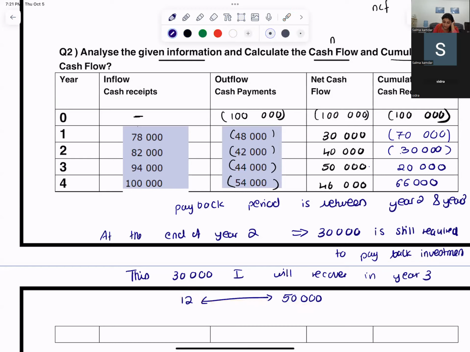So in the entire 12 months, I will be earning 50,000. Cash flow will be 50,000.